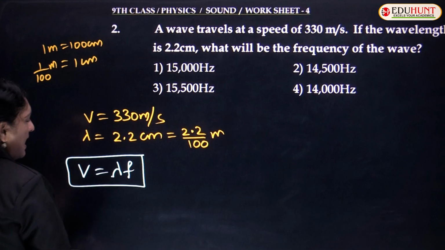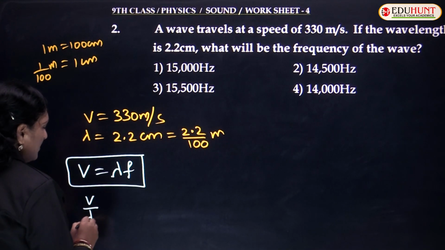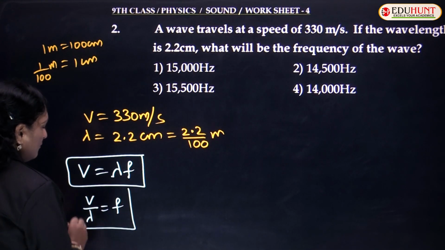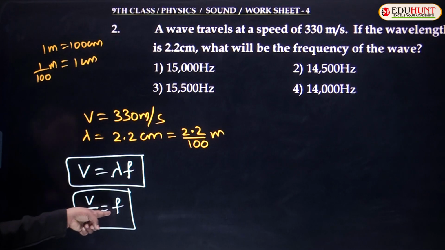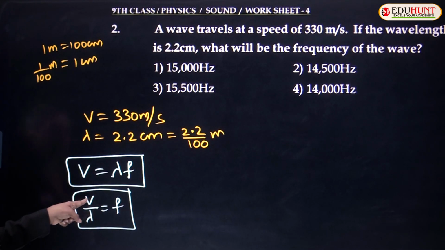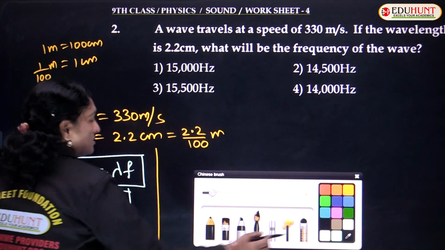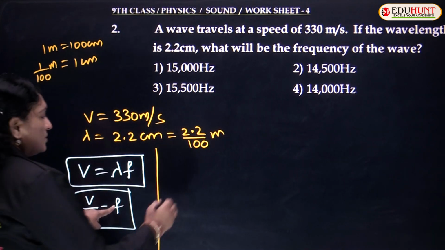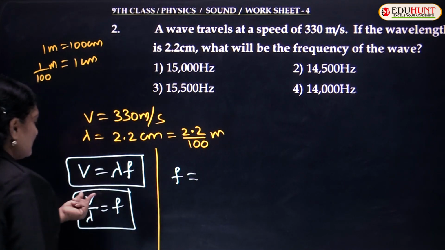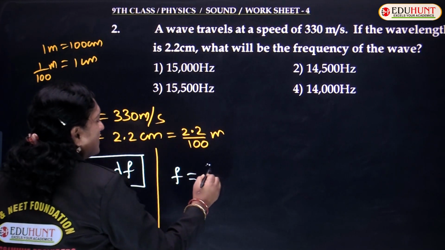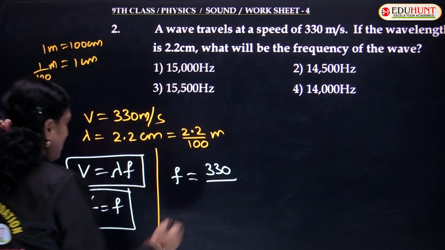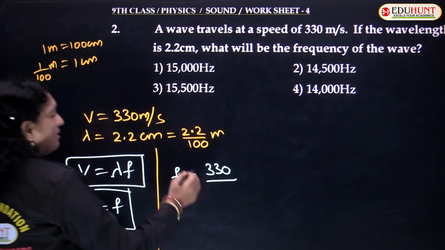So let us carry the lambda to the other side. Therefore, V by lambda will give you frequency. To calculate the frequency, you have to divide the wave velocity by the wavelength. So let us substitute and divide. To get the value of frequency, substitute V, that is 330 upon lambda. How much is the value of lambda?